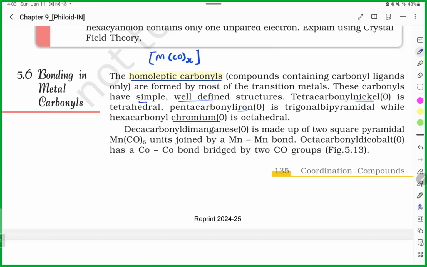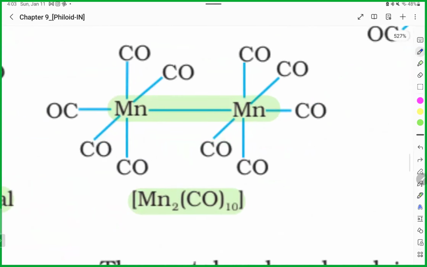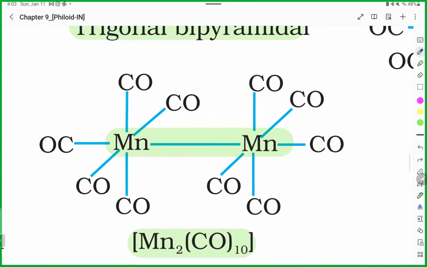For example, if you take manganese, in manganese you have 10 carbonyl groups. And these 10 carbonyl groups have two square pyramidal structures. I'll show you on the next page. Square pyramidal structures are given. And there is a manganese-manganese bond, no bridge. You can see here, it looks like a square pyramidal structure.